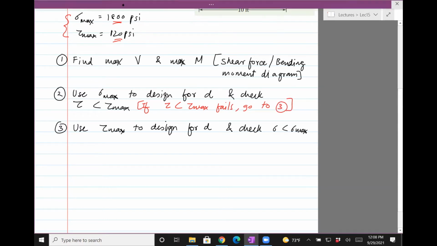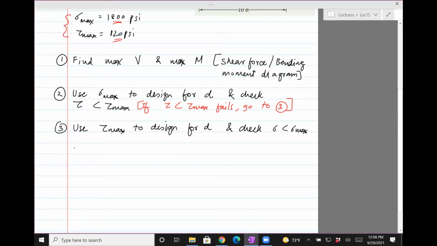And another note is that you could reverse the order of 2 and 3. You'll get the same answer.